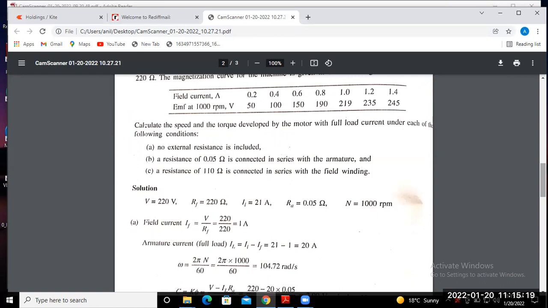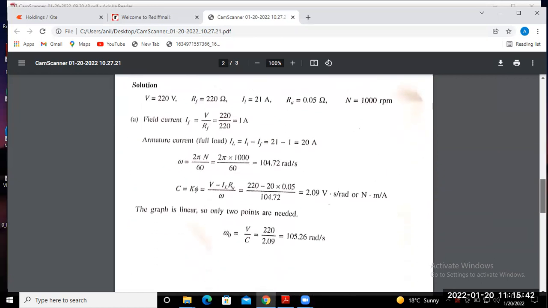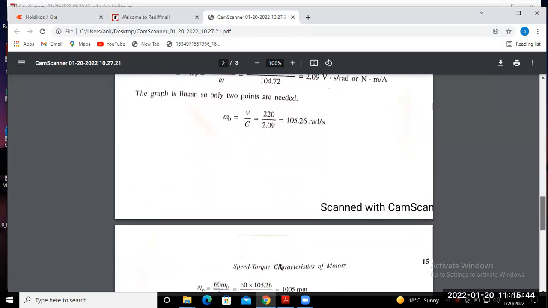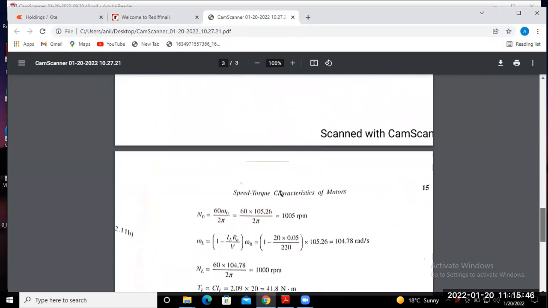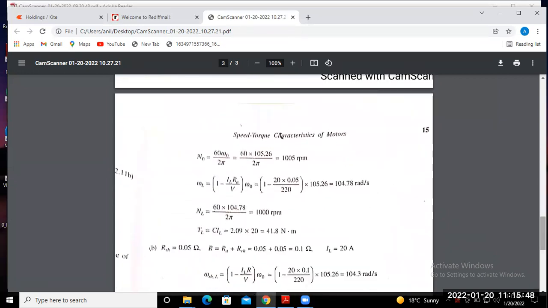So total resistance becomes how much? Field winding resistance is 220 ohm in previous and another 110 ohm connected in field winding. So total resistance, how much? 220 plus 110, is it not? So total resistance is your 220 plus 110 ohm. That means 330. Okay. So just find the value of field current, V by how much?